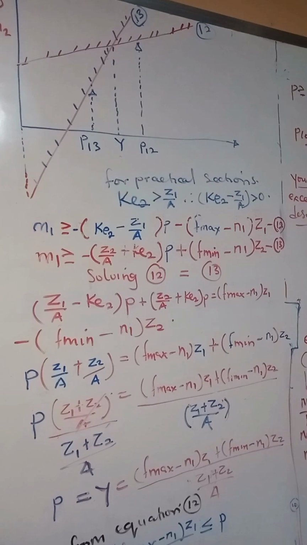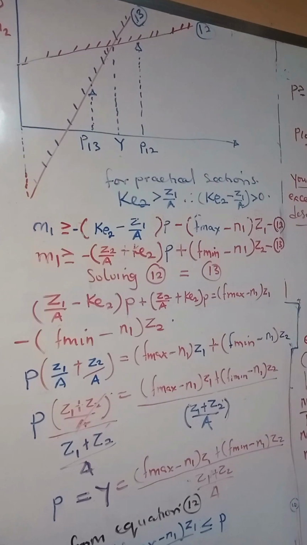All right. Now, let's note that for practical sections, we have our KE2 greater than Z1 over A. So what it means is that our KE2 minus Z1 over A must be greater than 0. Okay.